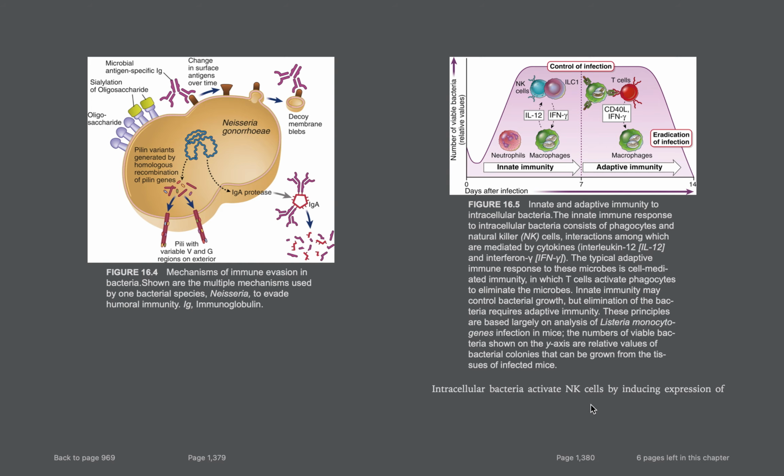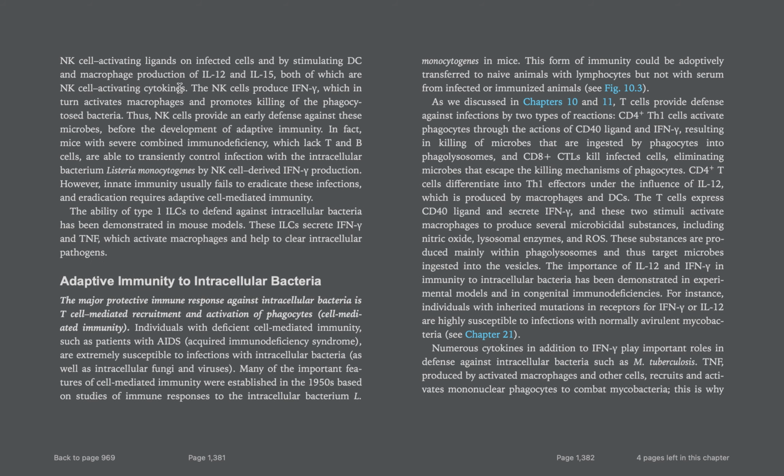Intracellular bacteria activate natural killer cells by inducing expression of natural killer cell activating ligands on infected cells and by stimulating dendritic cells and macrophages to produce interleukin 12 and interleukin 15, both of which are natural killer cell activating cytokines. The natural killer cells produce interferon gamma, which in turn activates macrophages and promotes killing of phagocytosed bacteria.